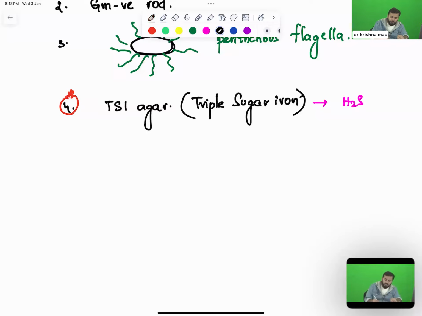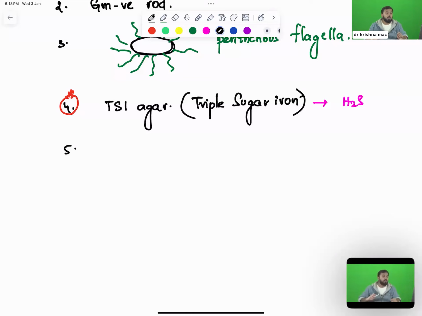Fifth important thing is that when I am doing a MacConkey agar, the colonies here will be colorless. Now tell me, does that mean it can ferment lactose or it cannot? What does colorless colonies mean? Very good.